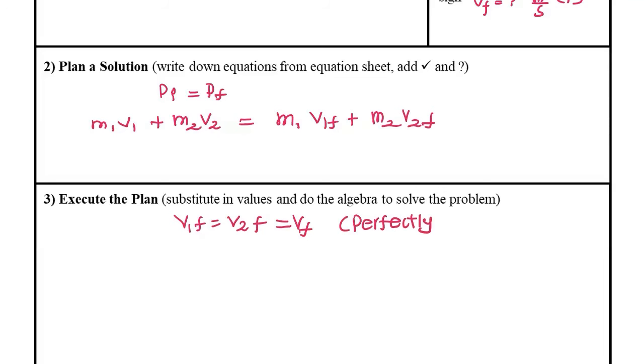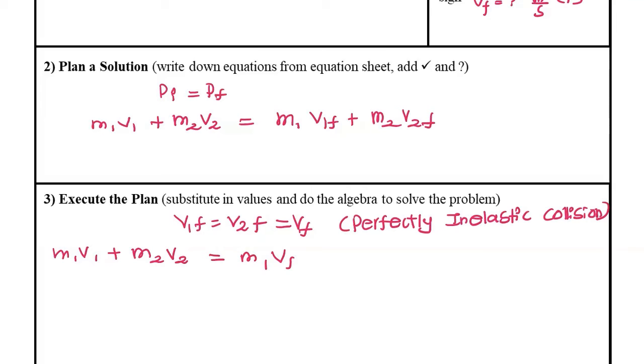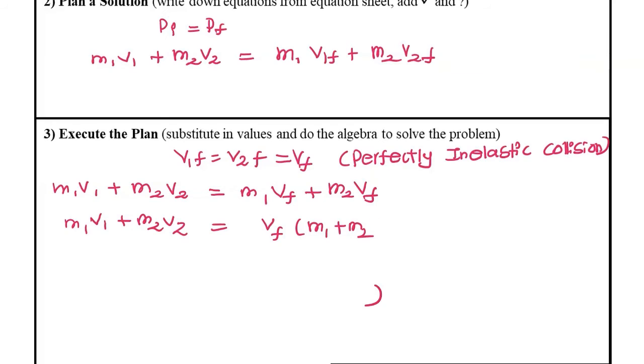For that reason, final velocity of the first object is equal to final velocity of the second object, and we can just use one variable, v final, to represent the final speed of the system. So I'm going to rewrite the equation with Vf as the final speed, and then we can factor out a Vf because it's common for both masses.